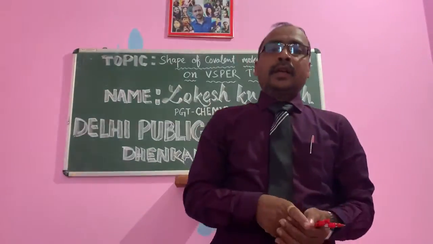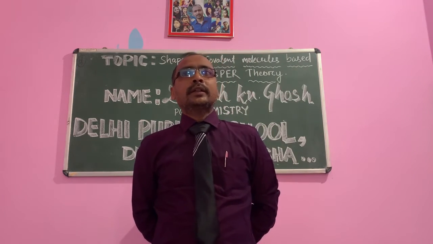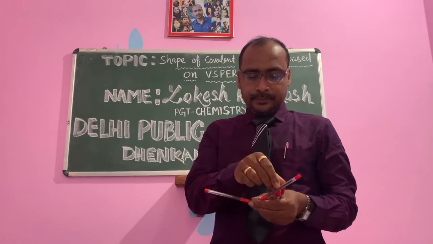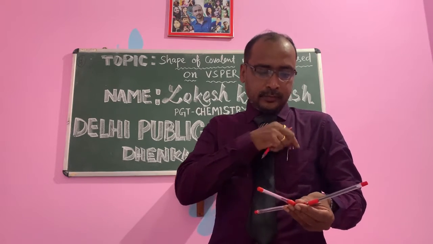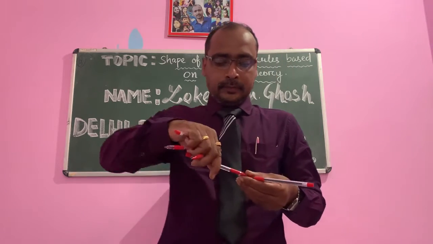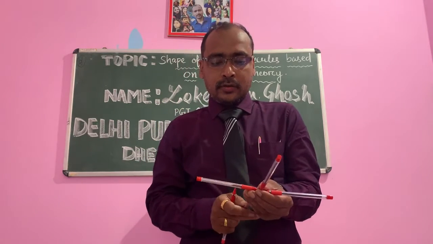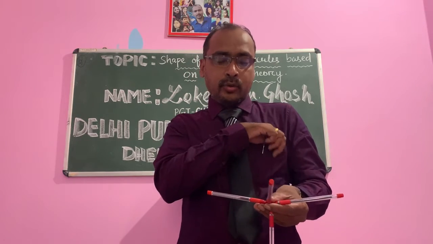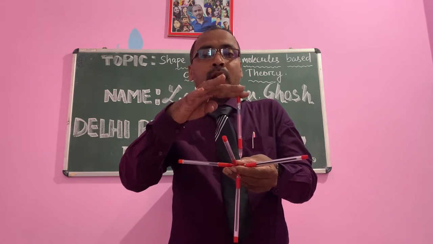Then AB6 type. In AB6 type, there are 6 atoms around the central atom. These are arranged at maximum distance and minimum repulsion like this. First a square, then a pyramid: square bipyramidal or octahedral.